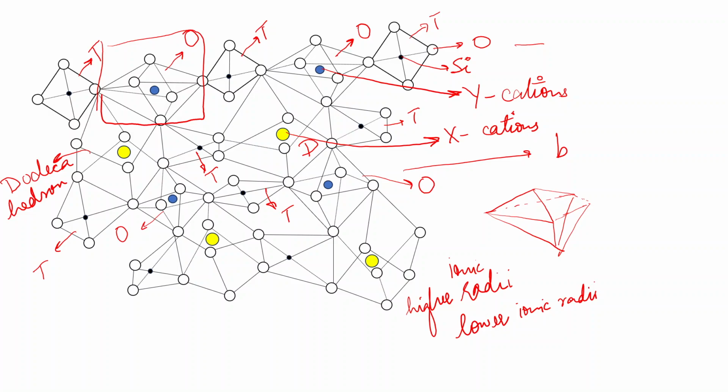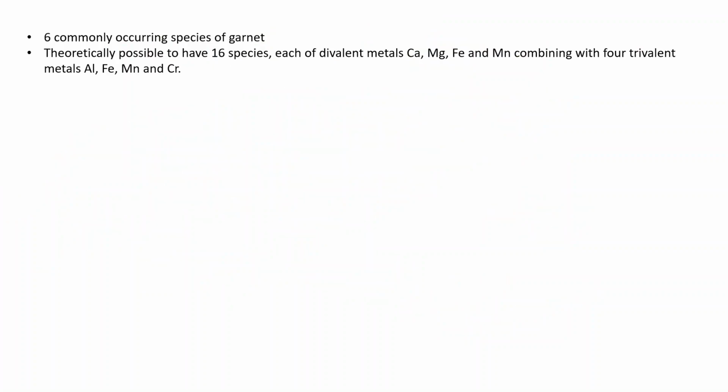Now let me explain how you can draw this structure. This is the whole idea behind this. Okay, so first of all, draw a tetrahedra. Not perfect, even a distorted one will do. Now let me simply draw it this way.